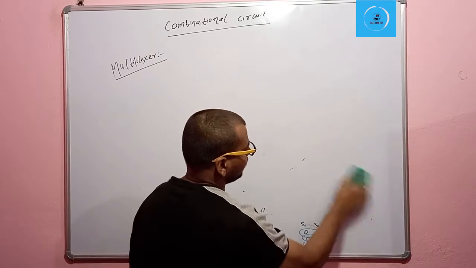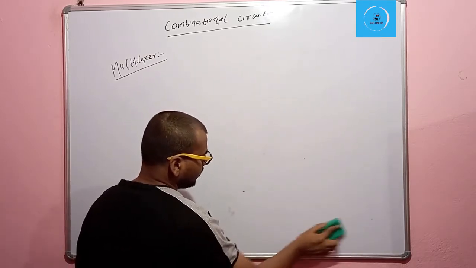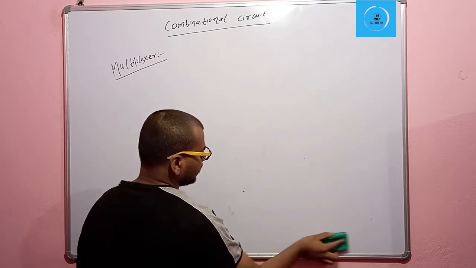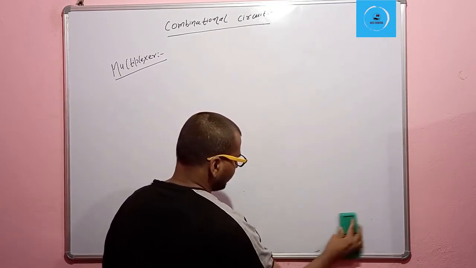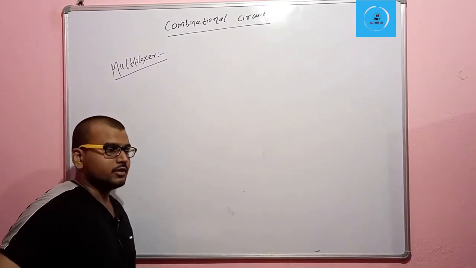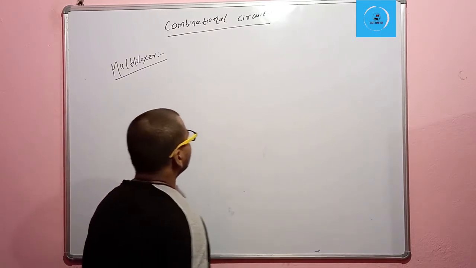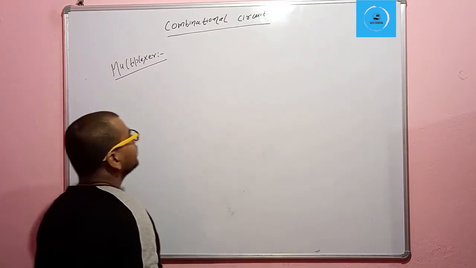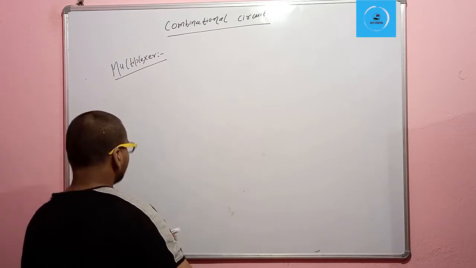The multiplexer is a combinational circuit which is going to select one input from the many inputs depending upon a condition, and this condition will be given by the selective lines. Okay, so what is the multiplexer?